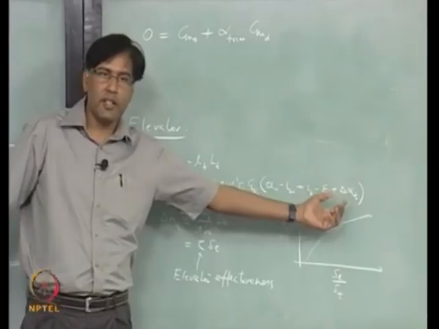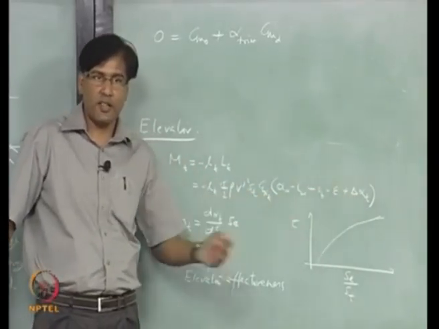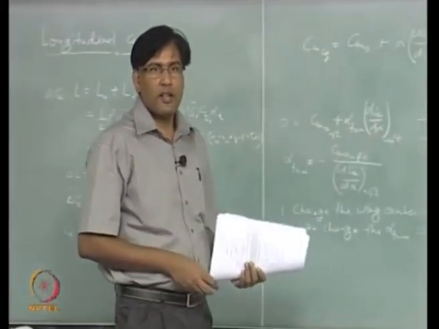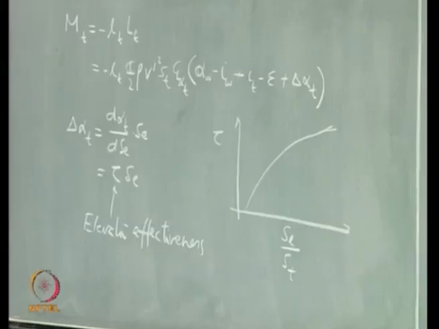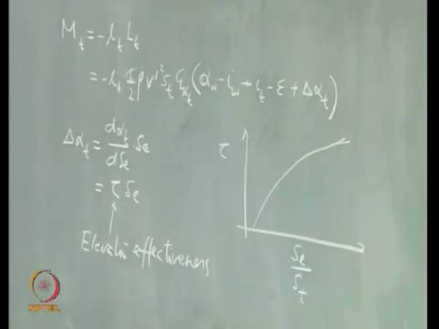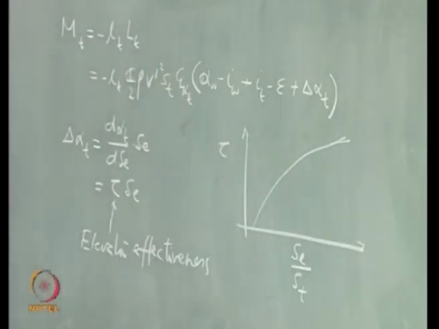If it is not changing the stability, what is it changing? It's changing the Cm naught, right. Anything here which is not changing in alpha, I can always add that part to Cm naught. So that is changing Cm naught, but it is not changing the stability, right.